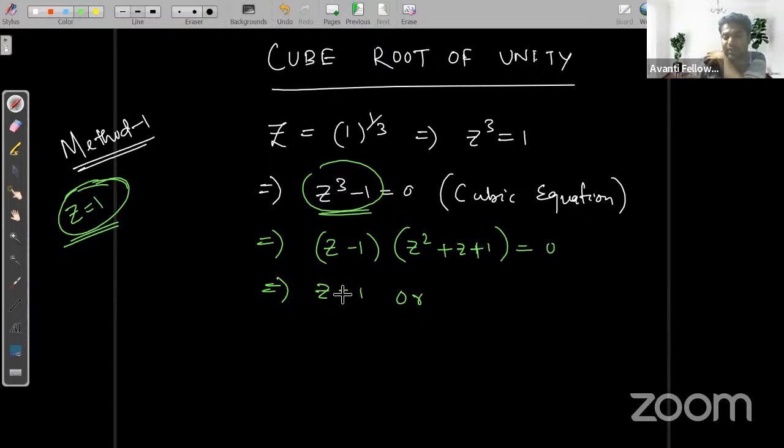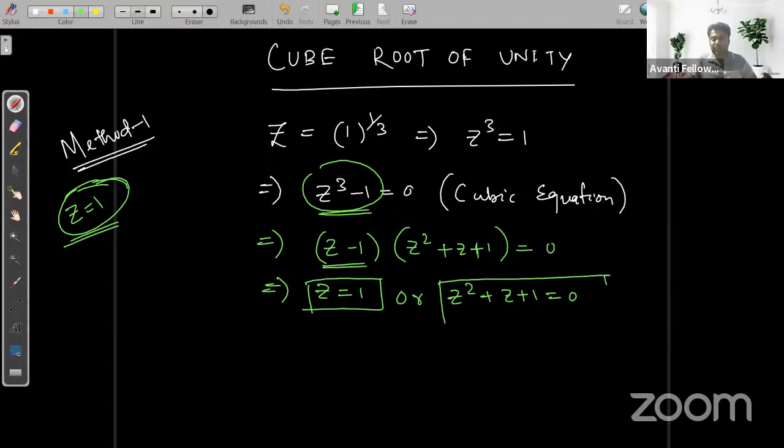From these equations we get z − 1 = 0, or z² + z + 1 = 0. So when we are solving z² + z + 1 = 0, what are we getting? Use the discriminant method.